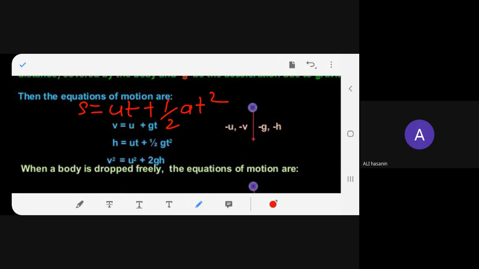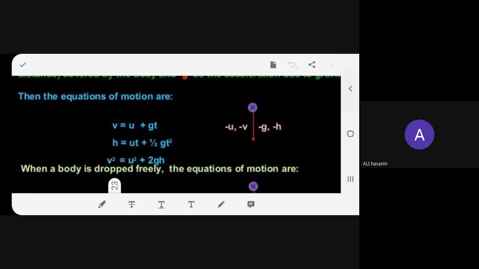Where s is the distance, right? s is the distance, and h is the height. That is the difference. ut remains ut, half. Instead of a, what have we put? g. That's the difference. Okay? Now you understood? Yes, ma'am.